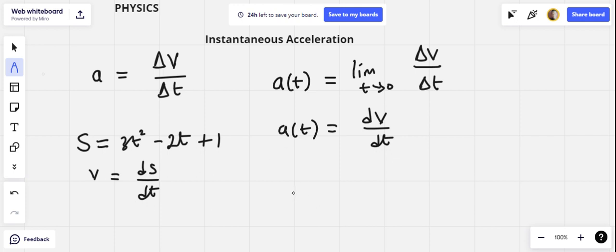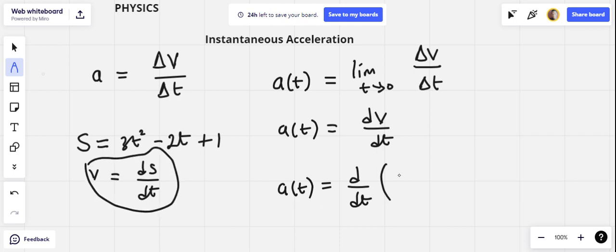And now you want to find instantaneous acceleration. So you are now differentiating d/dt of your instantaneous velocity, which is ds/dt. So you are differentiating the differential of instantaneous velocity.